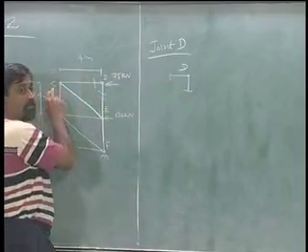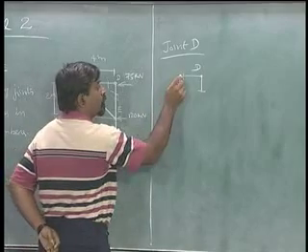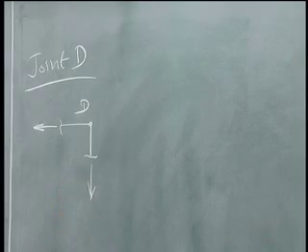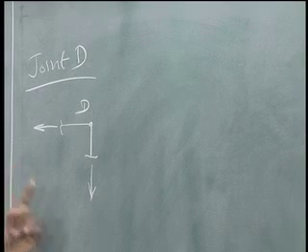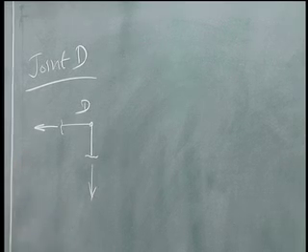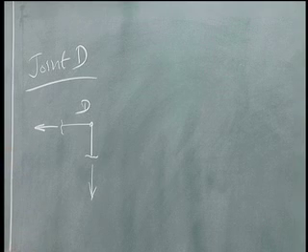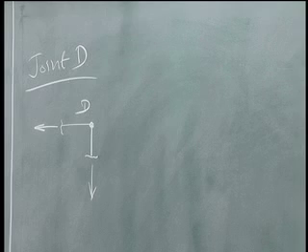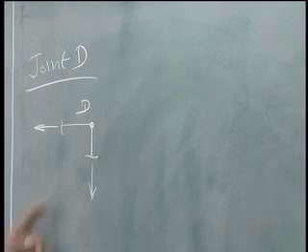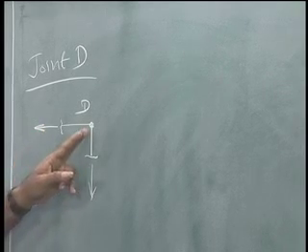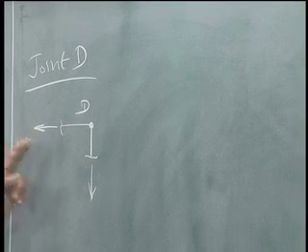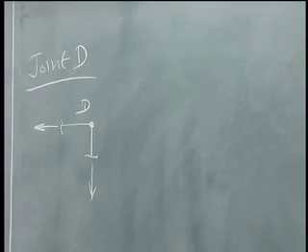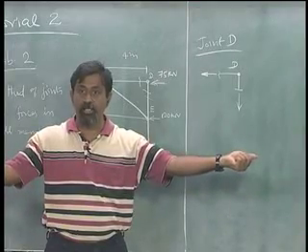Naturally, having cut this, since this is a truss member, I know there will be a force like this. Mind you that I am using a particular direction over here. We will always take the direction to be away from the joint. In this particular case, if I cut like this, the force direction is taken to be away from this. If I take it like this, it means that the member force is in tension.